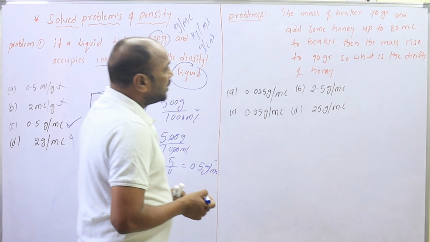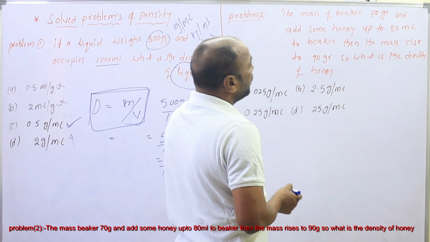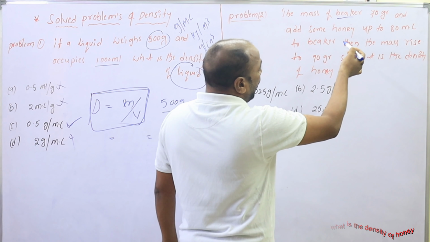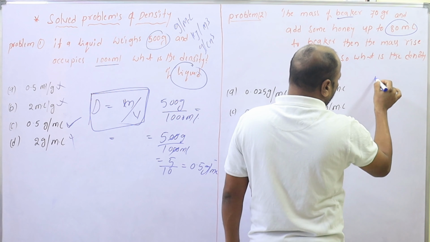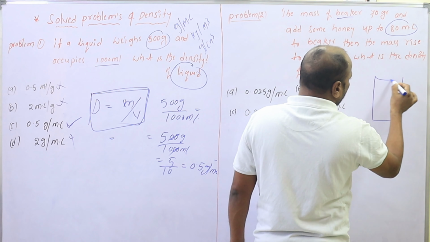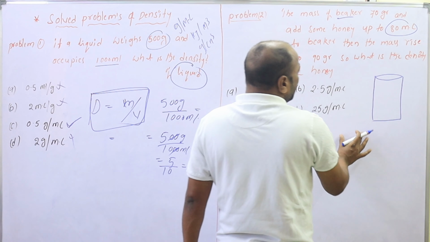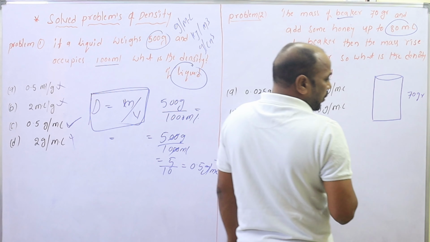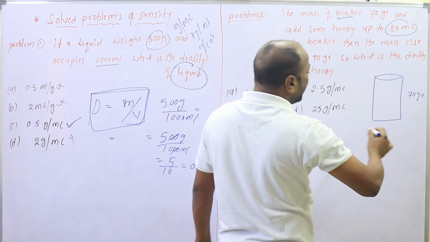And the next problem: the mass of a beaker is 70 grams, and you add some honey up to 80 ml.